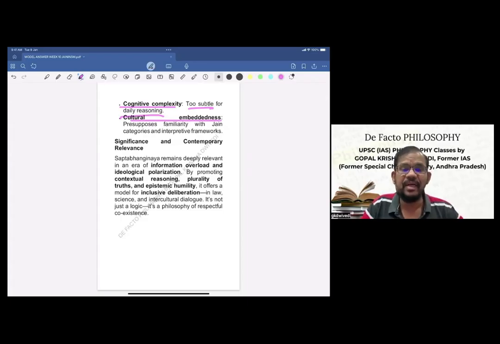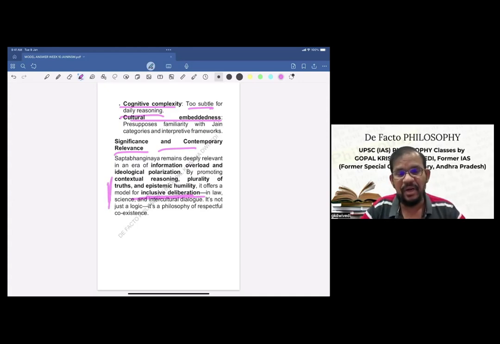Now, what are its significance and relevance? Saptavangina remains deeply relevant, as we have seen, because in an era of information overload and ideological polarization, by promoting contextual reasoning, plurality of truths, and epistemic humility, it offers a model of inclusive deliberation. If you use these kinds of terms in your answer, your ethics paper, or even your interview, it will be quite impressive.